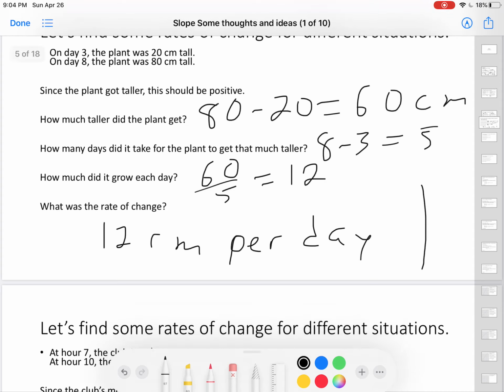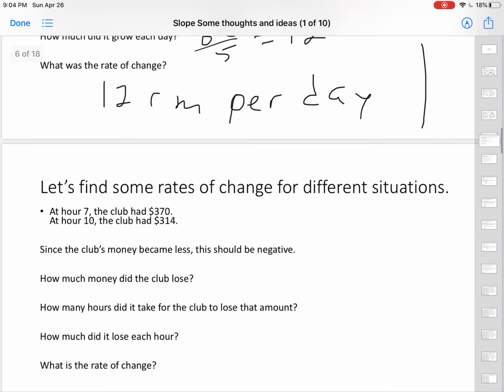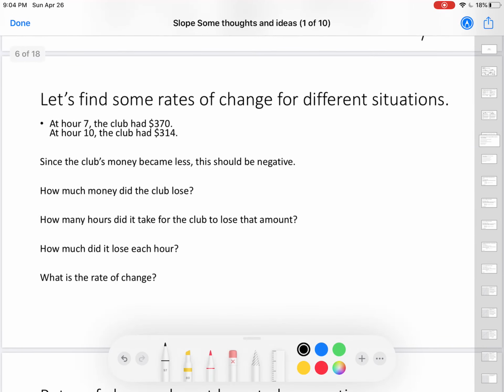Let's find some rates of change now for a different situation. Okay. Hour 7, $370. Hour 10, $314. This one's negative. It goes down. How much money did they lose?